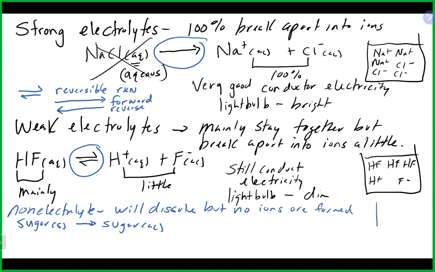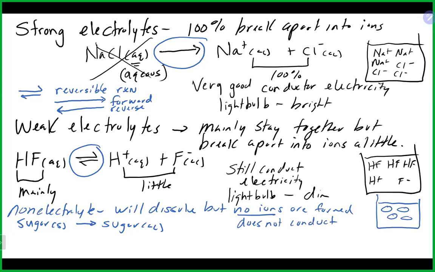Sugar is a non-metal type of situation and it will not break apart. So basically all you get are whole sugar molecules in that solution. You actually get no ions. And because there are no ions present, it will not conduct electricity.